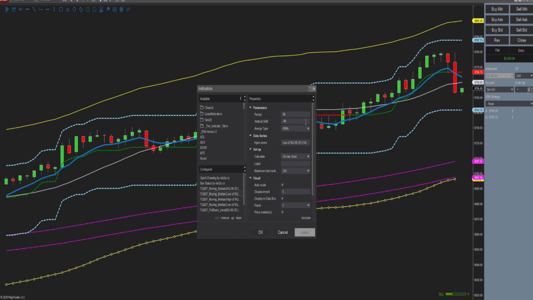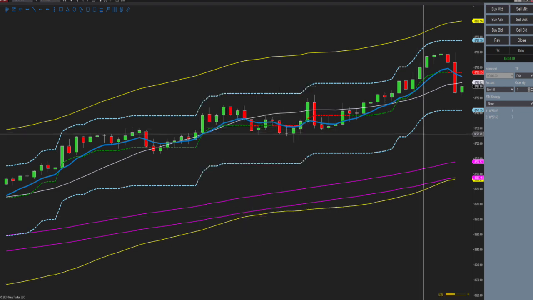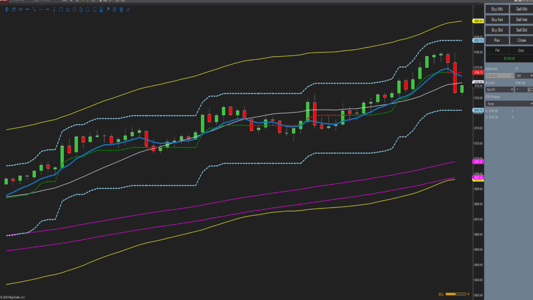Vertical shift minus 49. That's what I gave you exactly. And I even wrote minus 49. And it's a WMA, weighted moving average. Yeah, it's the same as I wrote in the email. So it should be exactly like this. Go over those numbers again and make sure you watch your average type.